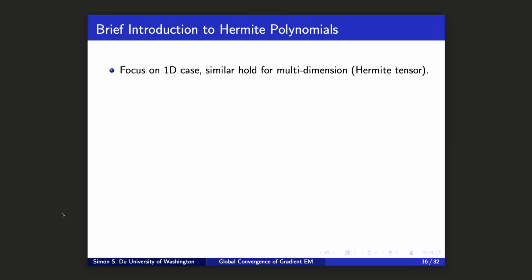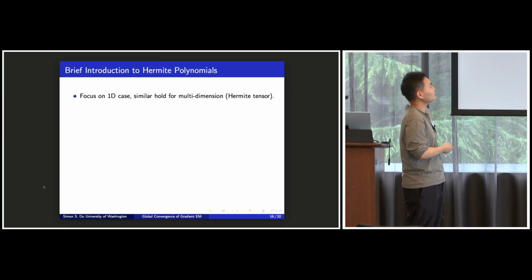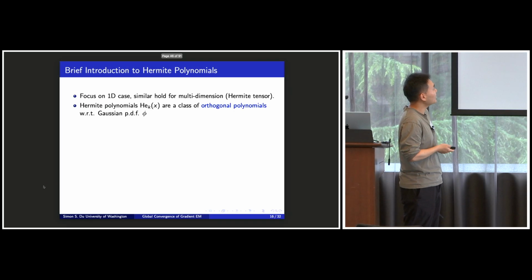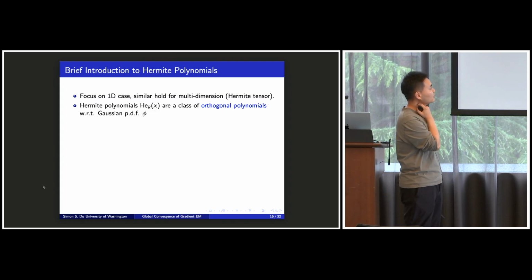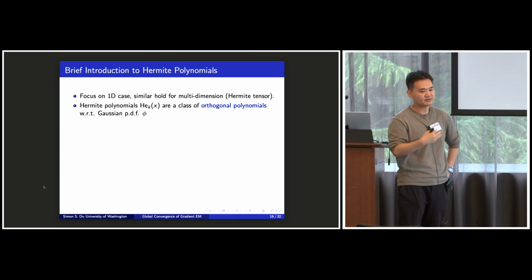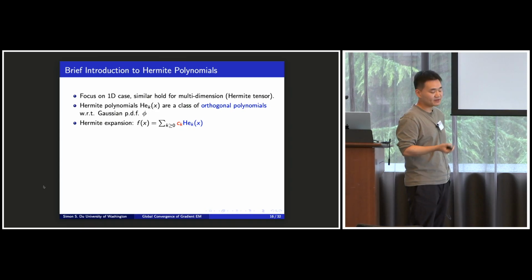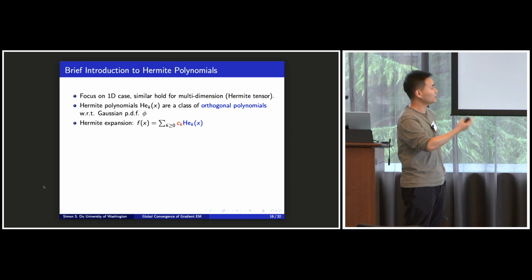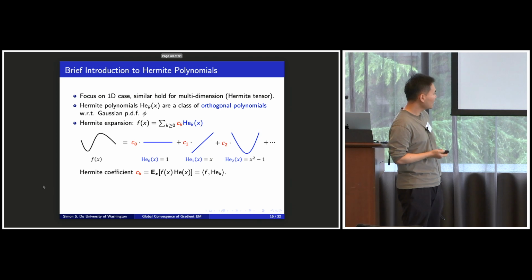To analyze that term, we need some techniques from Hermite polynomials. This is a very quick introduction. For the 1D case, it is a sequence of polynomials that are orthogonal with respect to some underlying distribution, say Gaussian. Just like Fourier analysis, you can expand any function in terms of this polynomial basis with some coefficients.